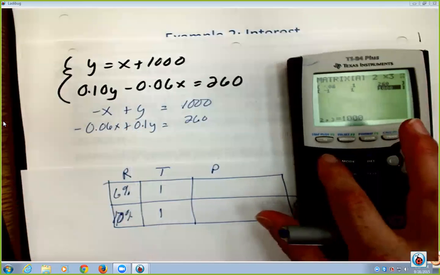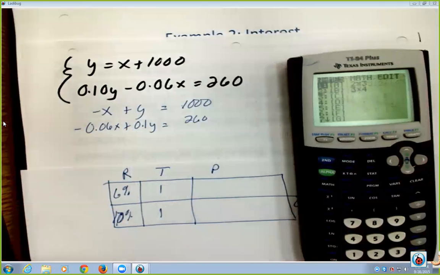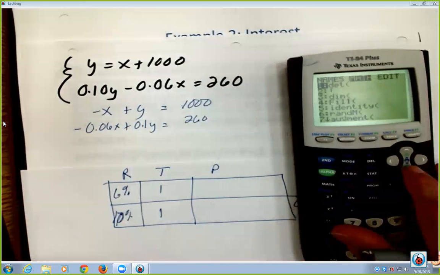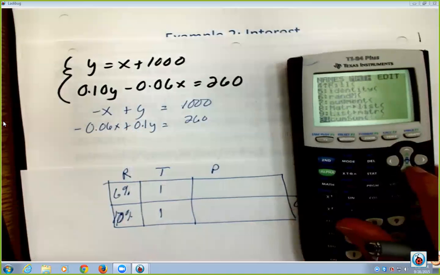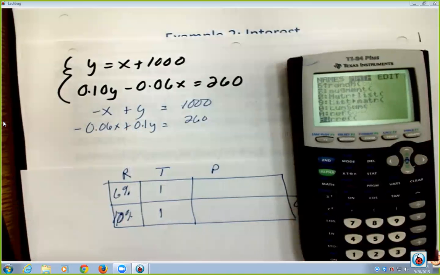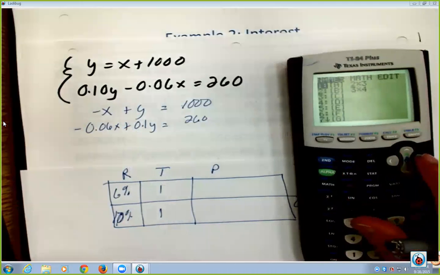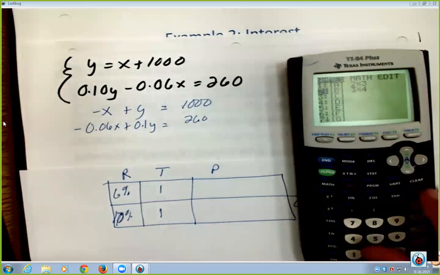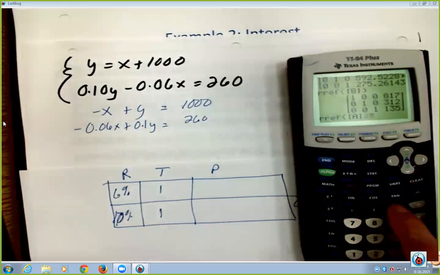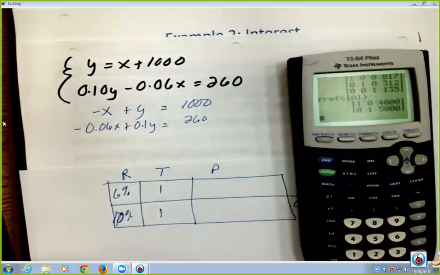So we're good there. Second matrix, over to math, down to B. Enter, second matrix. Go to the letter A is what I want. Hit enter, close the parenthesis, hit enter, and we will find out his cash values in each account.